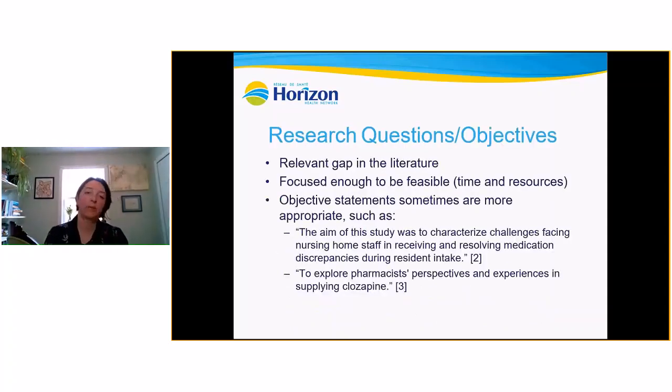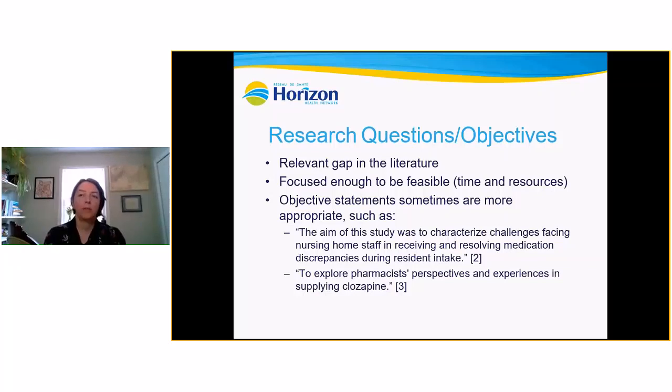So in terms of that, obviously the same rules apply to qualitative research. There should be a relevant gap in the literature, looking through the literature in terms of what is already out there on your topic of interest, focused enough to be feasible. And this, I think, is extremely important.